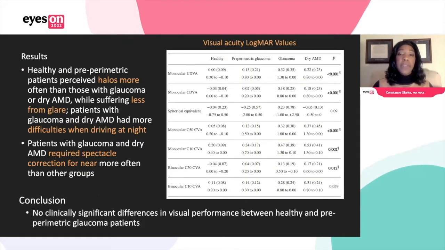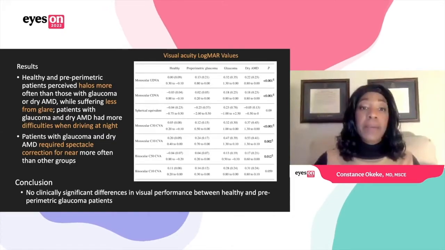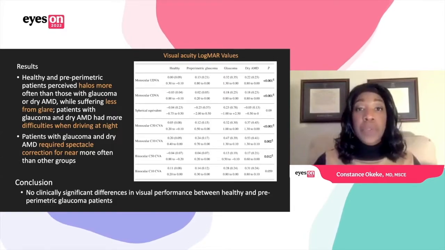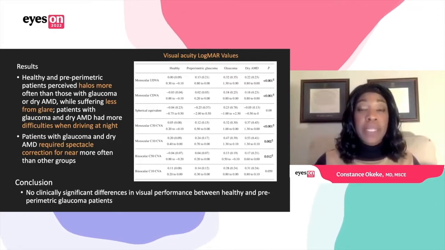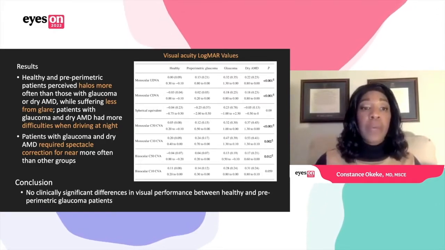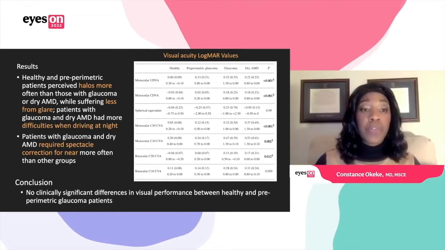And what they found in their study was that the healthy and pre-parametric patients had complaints of halos much more often than those patients who had parametric glaucoma or dry AMD. And those patients did seem to suffer less from glare. But patients who had glaucoma and dry AMD had more difficulties when driving at night, and they tended to require more spectacle correction for near.